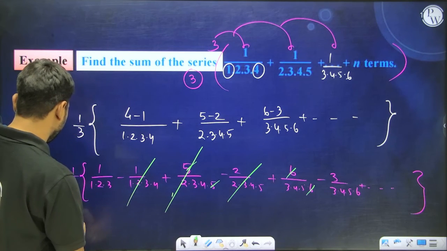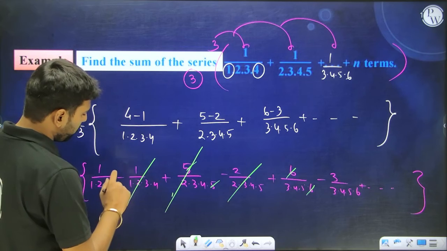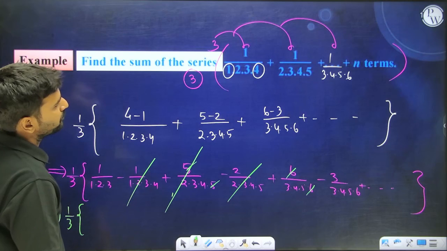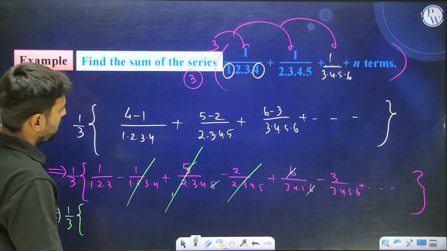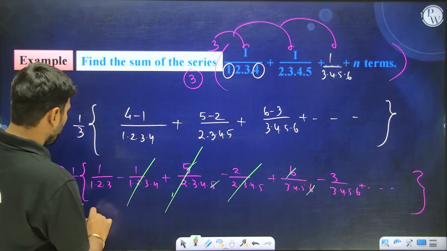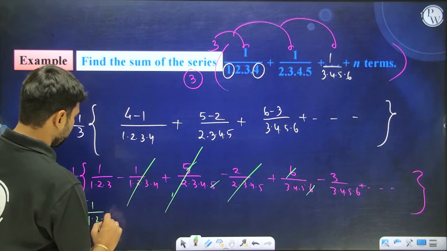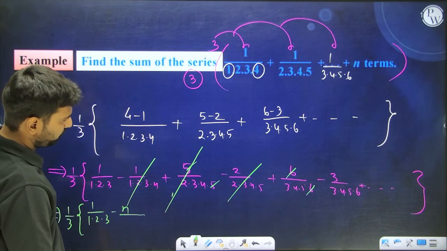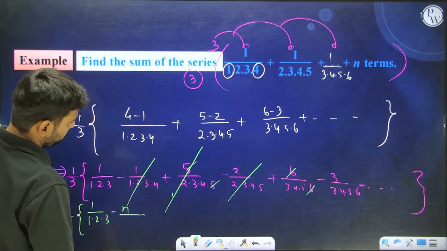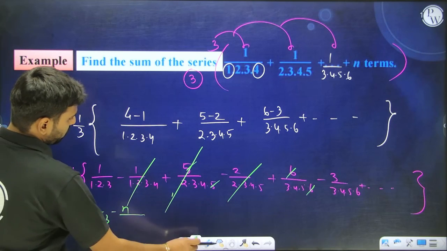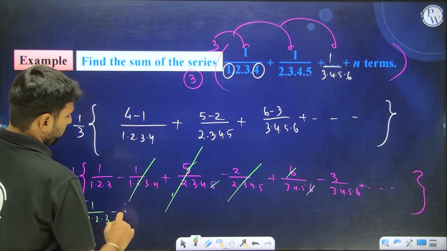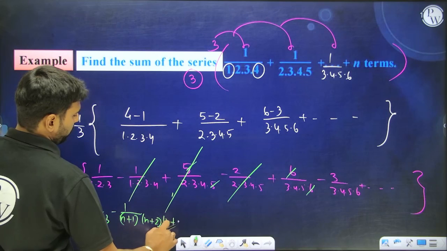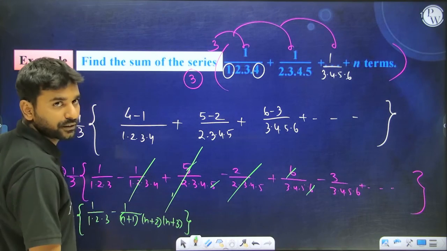So ultimately what will remain is 1 by 3 times the minus term at the end, and the remaining thing will be 1 by (n+1)(n+2)(n+3). So this is going to be our answer, that's it.